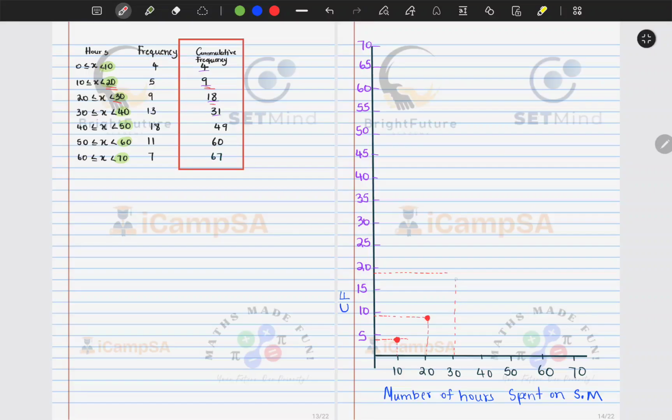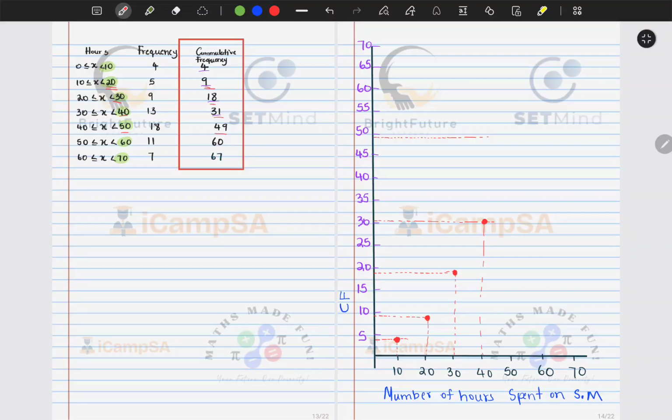So something like somewhere here. Okay. And then we go to 40. 40 is at 31. So 31 is just above 30. Okay. So let's go up to 40. Do we make a point somewhere here? Then at 50, we're at 49, and 49 is very close to 50.